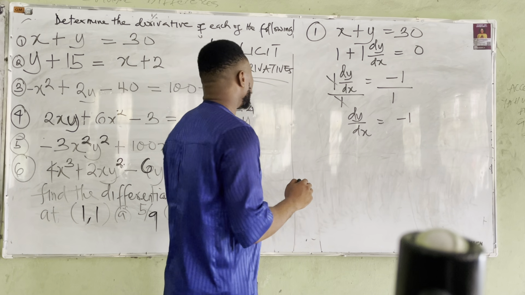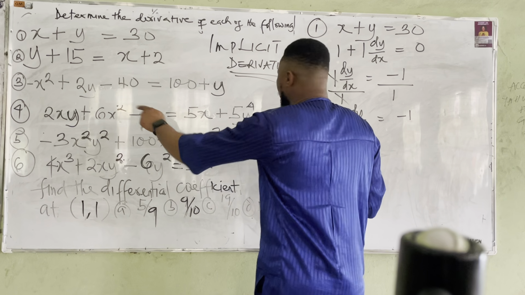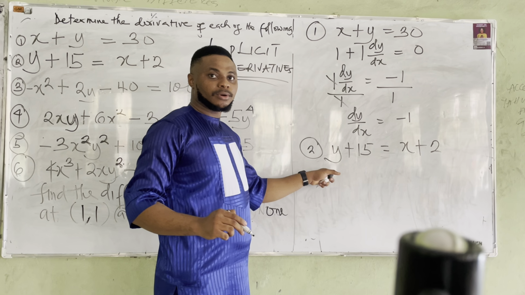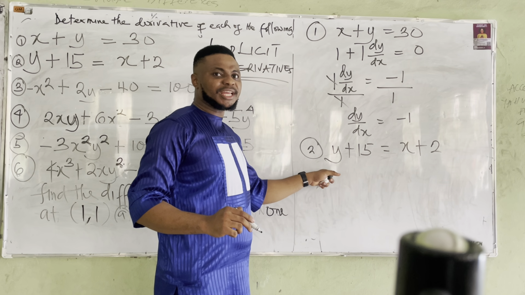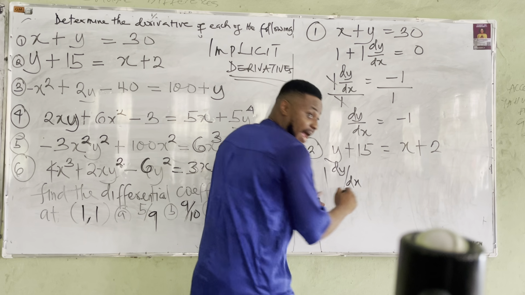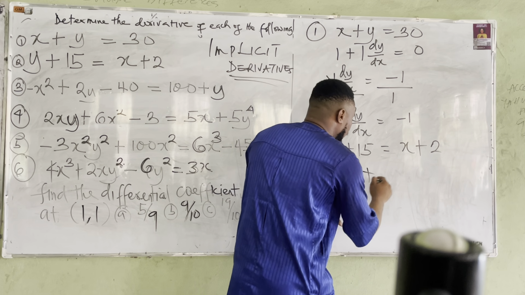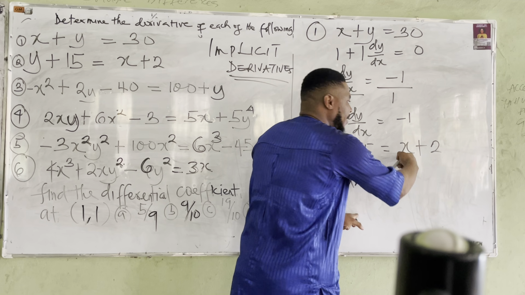Now let's quickly go to the second exercise. Now the second exercise, we have y. Let's differentiate y. Differentiating y, we write 1 dy over dx, plus 15 is a constant, so it is 0, equals to differentiate x.